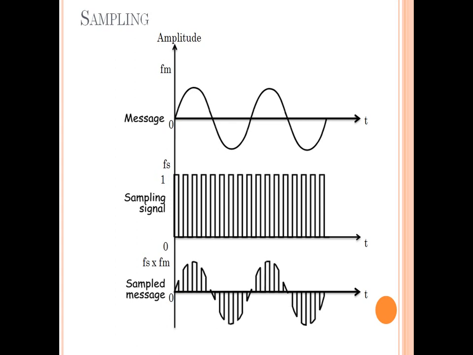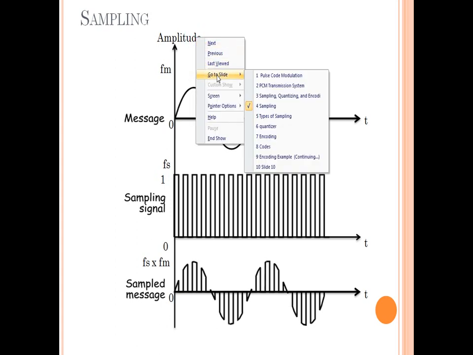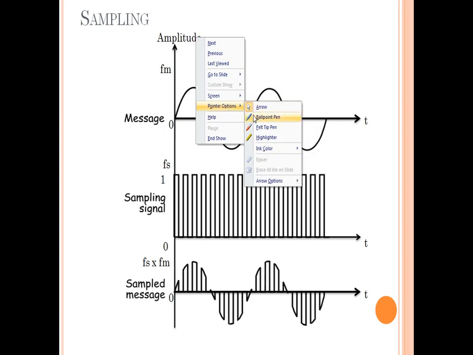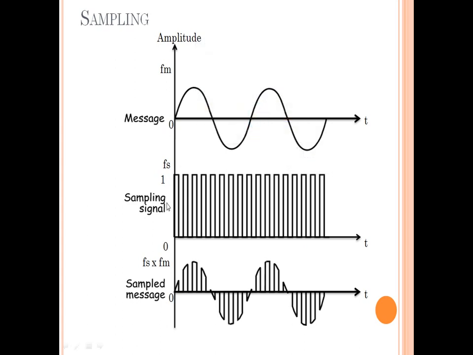here it is. This portion has an amplitude of 1. If I multiply 1 with some value x, it will give me x.